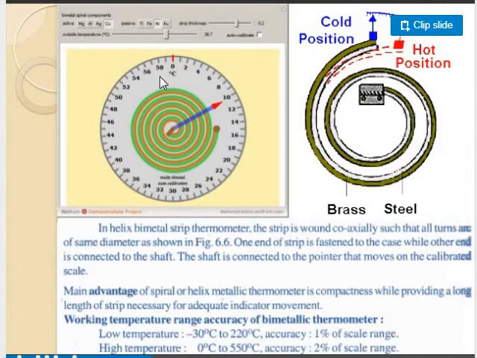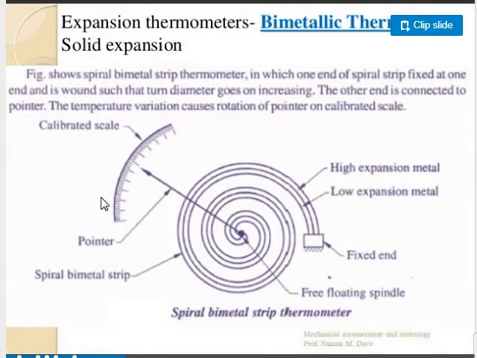So this one is of the helix type. It is closely packed. In this helix bimetallic strip thermometer, the strip is wound coaxially such that all the turns are of the same diameter. The turns are continuously placed closer to each other, whereas in the earlier one they were far apart.